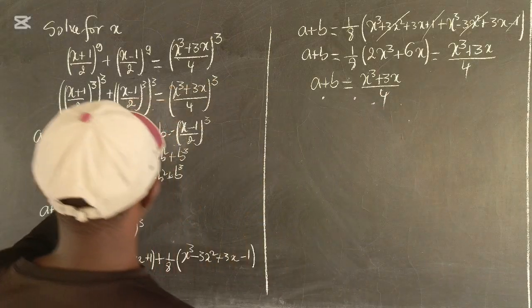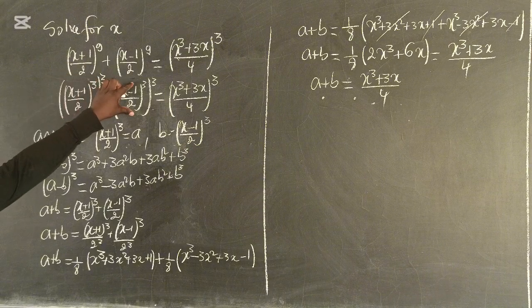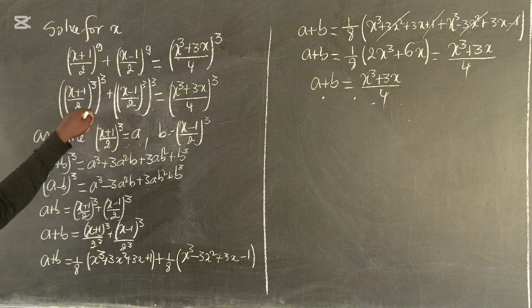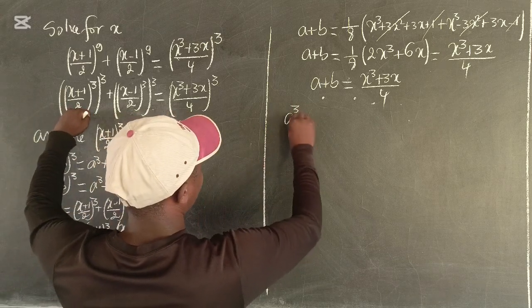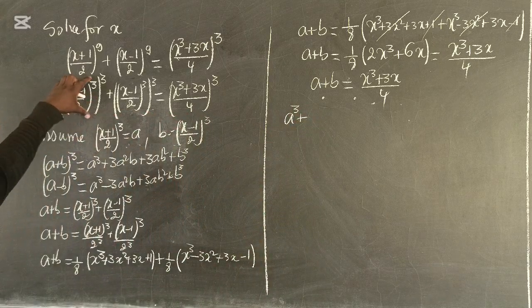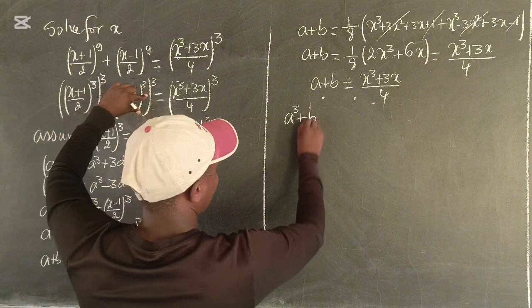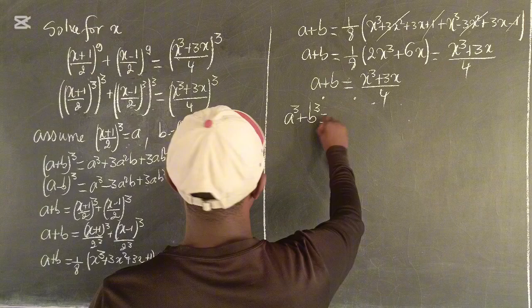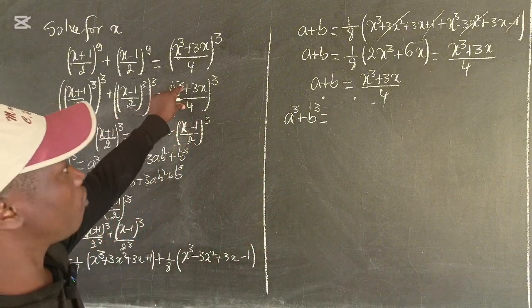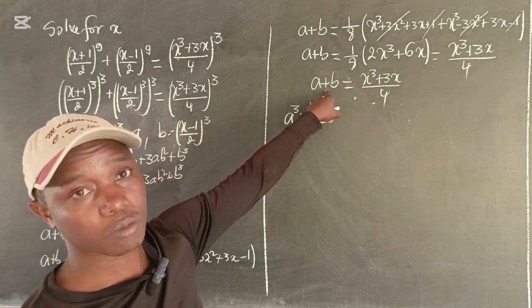Because we assume this to be a, and this to be b, let's come back here where we have a power 3 plus b power 3, and this is equal to, as you see, this stuff inside, which is a plus b.